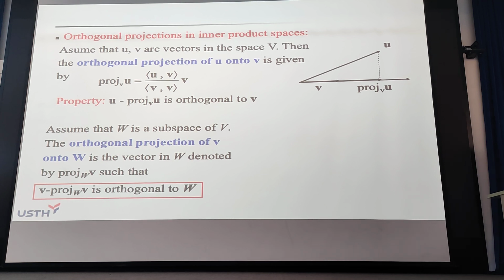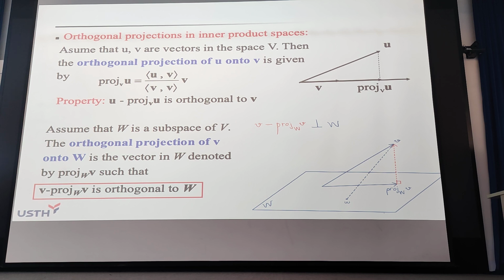And if you want to consider the picture like that one. Here, W, the subspace, is something like the plane here. And V is a vector lying here. Then the projection of V onto the subspace W is that vector, the vector going from the origin to that one.